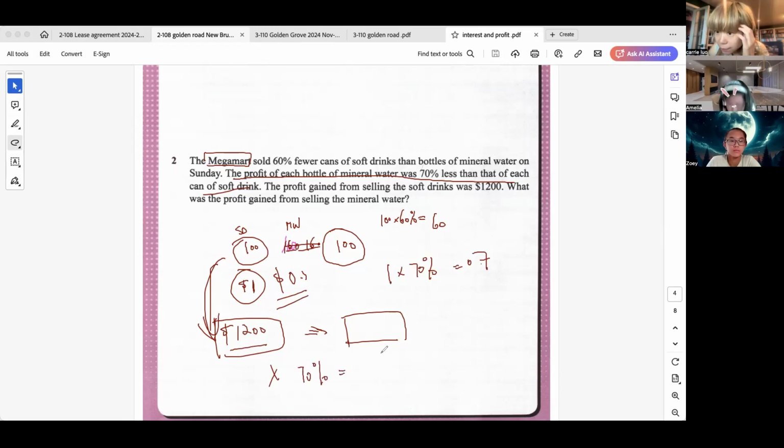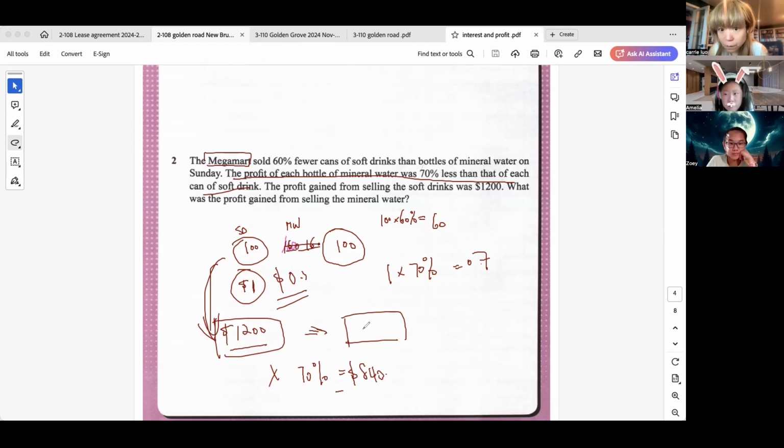Equals what? 840. So it's less, right? So it's 1,200 less 840. So how much money can the mineral water make if they have the same quantity as the soft drinks?